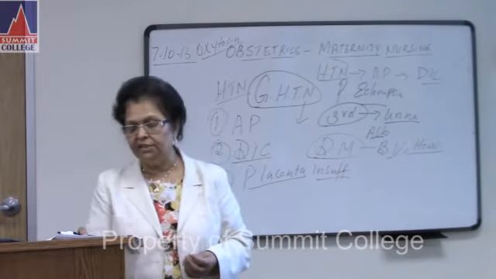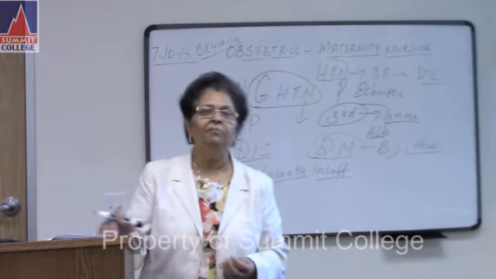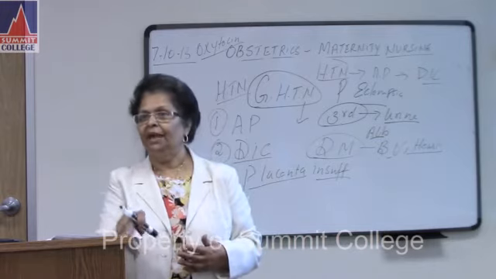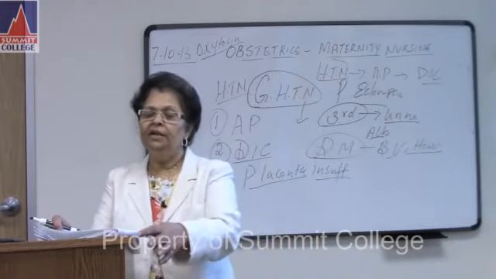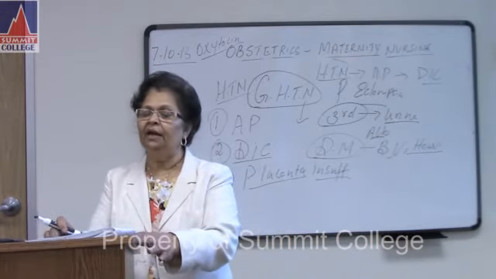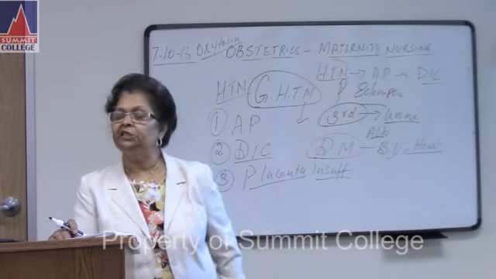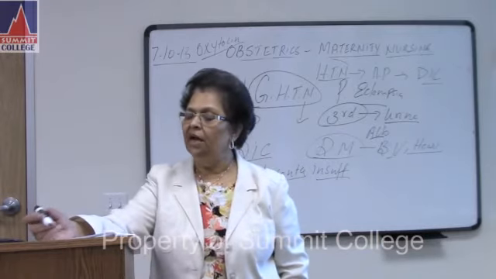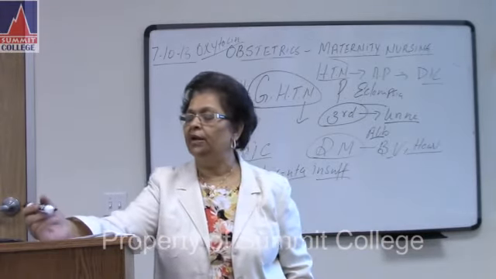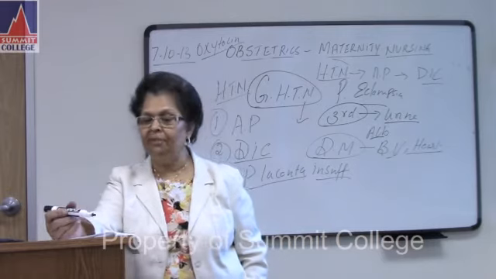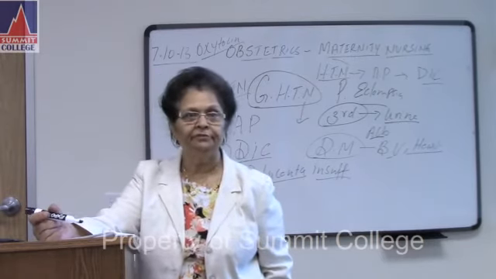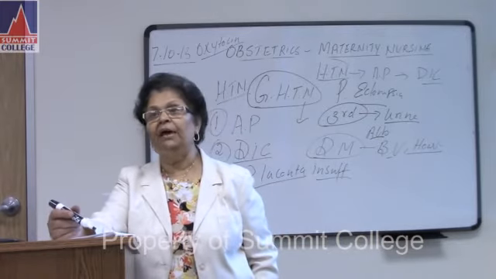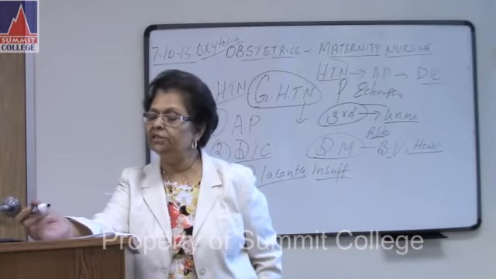And to prevent seizure, we already talked about magnesium sulfate, in the last slide. Now the next page, I have it here. Toxicity of magnesium sulfate is depressed deep tendon reflexes, respiration, and urine output. Eclampsia means the mother is having seizure. What do you do when the mother is having seizure? Number one, airway. Give her oxygen.